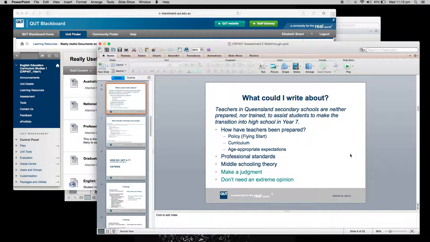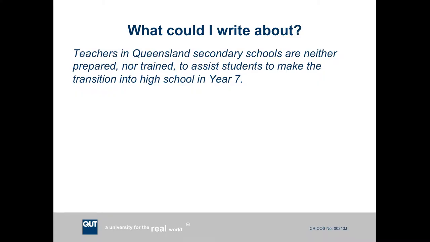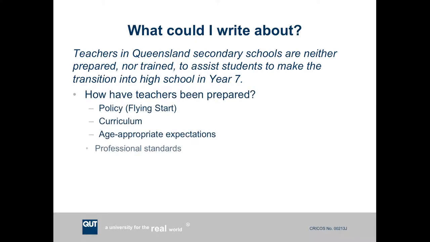So looking at what the standards expect of teachers and how that's relevant to students in year 7 and assisting students in year 7. And middle schooling theory. So you'll use the QUT library to do a search for that theory. There's lots out there. You shouldn't have any difficulty finding middle schooling theory.